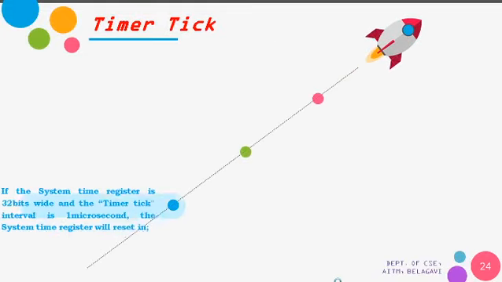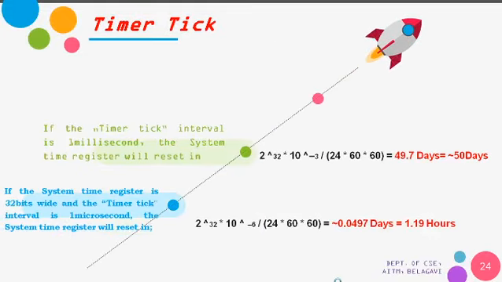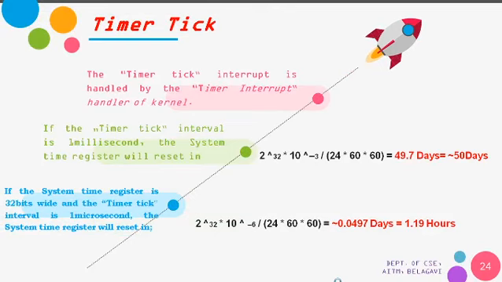If the system time register is 32 bits wide and the timer tick interval is 1 microsecond, the system time register will reset in 2 raised to 32 times 10 raised to minus 6 divided by 24 times 60 times 60, which is equal to 0.0497 days, that is exactly 1.19 hours.